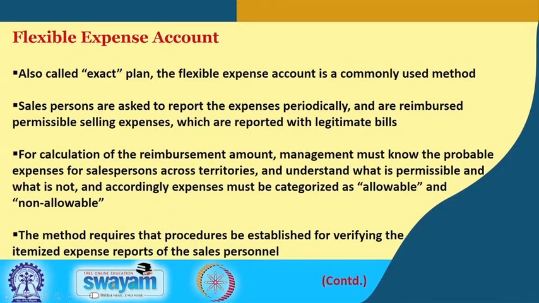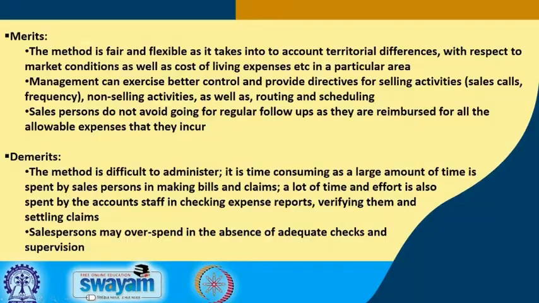So, the method requires that procedures be established for verifying the itemized expense reports of the sales personnel, and based on what is allowable and what is not allowable, the various items in the expense report are examined, and based on what is allowed and what is not allowed, the reimbursements are made.